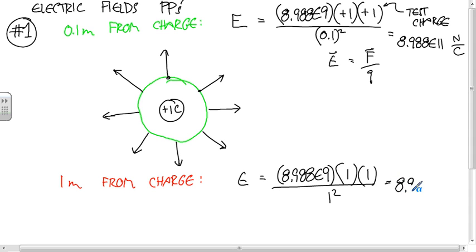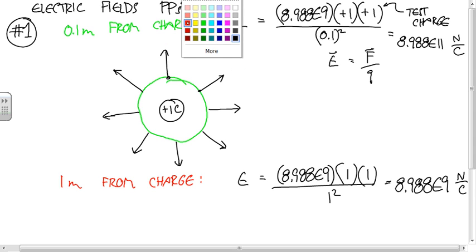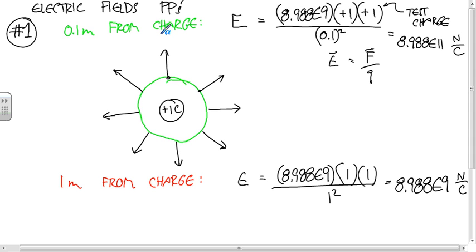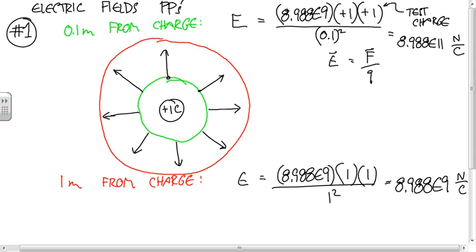So you get a magnitude of 8.988 times 10 to the 9 newtons per coulomb. So that is 1/100th of the length of this. Say these are all the points that are 1 meter away. Then those forces are this way, this way, this way.